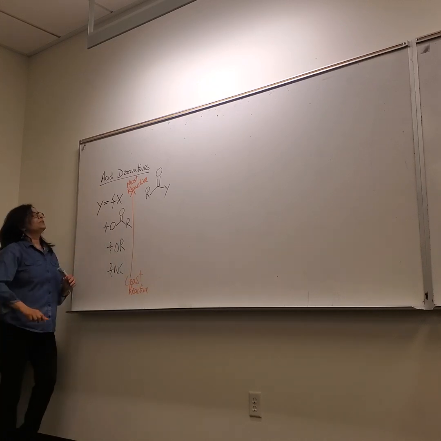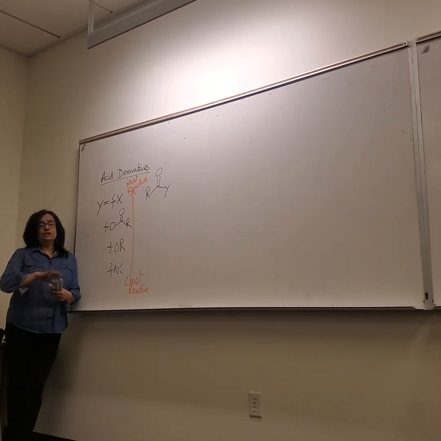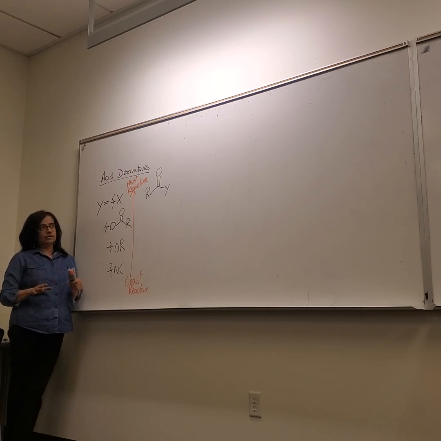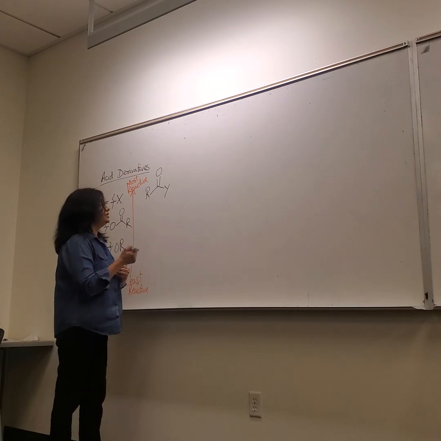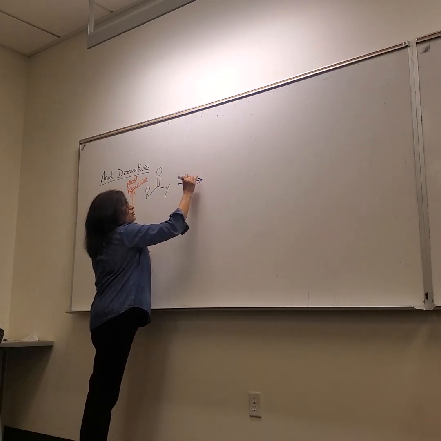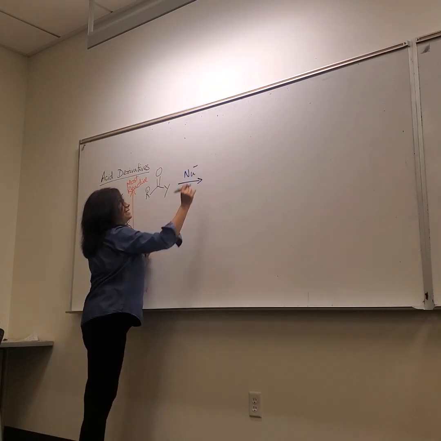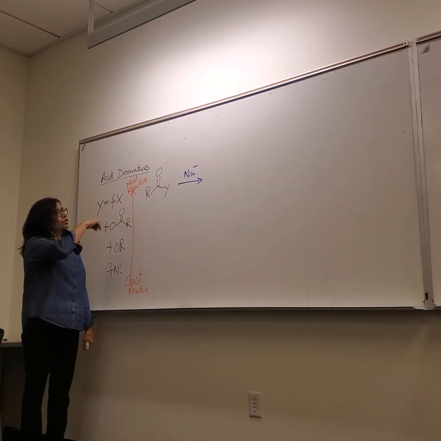Now, what you will see in the reactions for all of these different families of compounds are a lot of similarities. A common mechanism is that a nucleophile will come and attack. Where would the nucleophile attack?